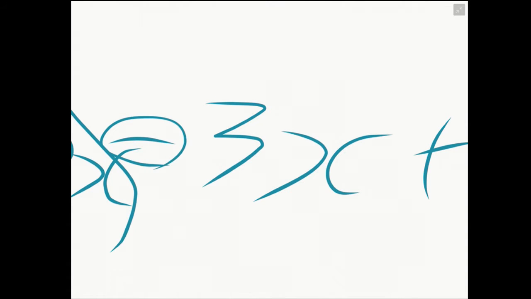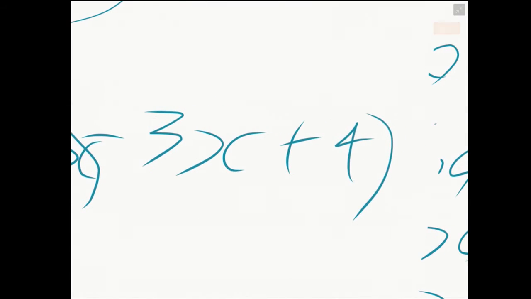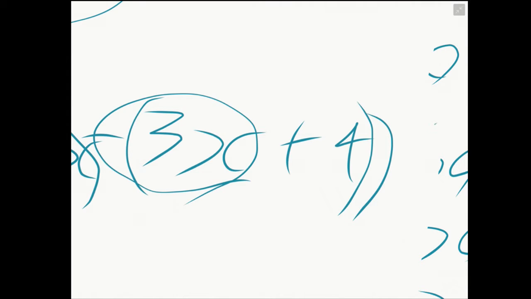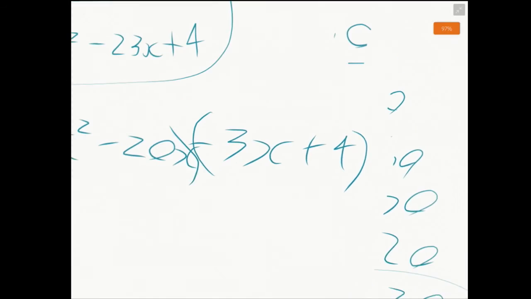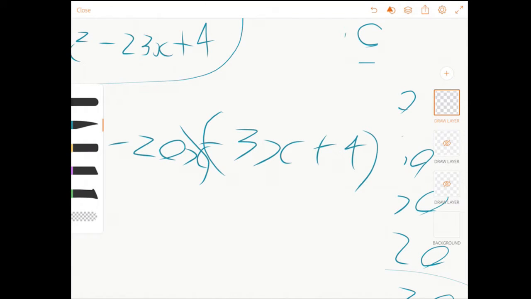See this negative? If I were to actually put brackets like this, what this would be saying is negative 1 times 3x, which is negative 3x, and negative 1 times 4, which is negative 4.